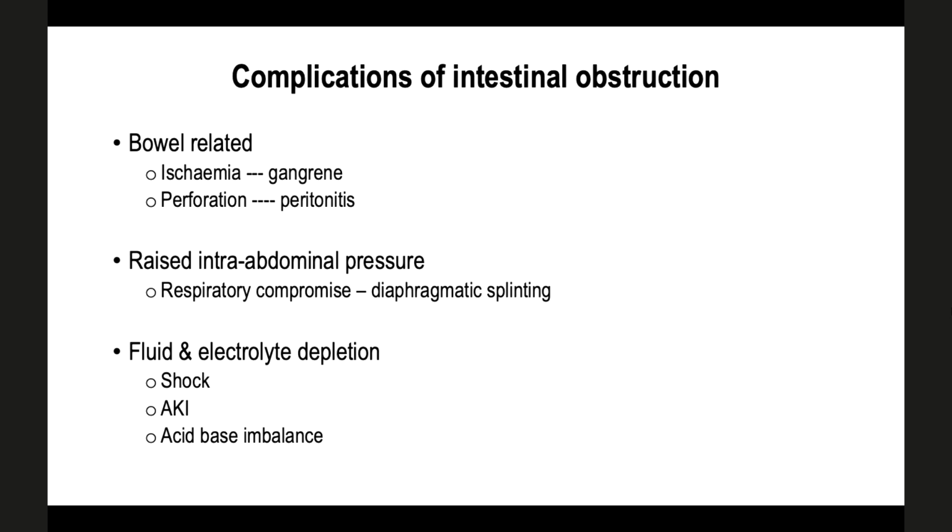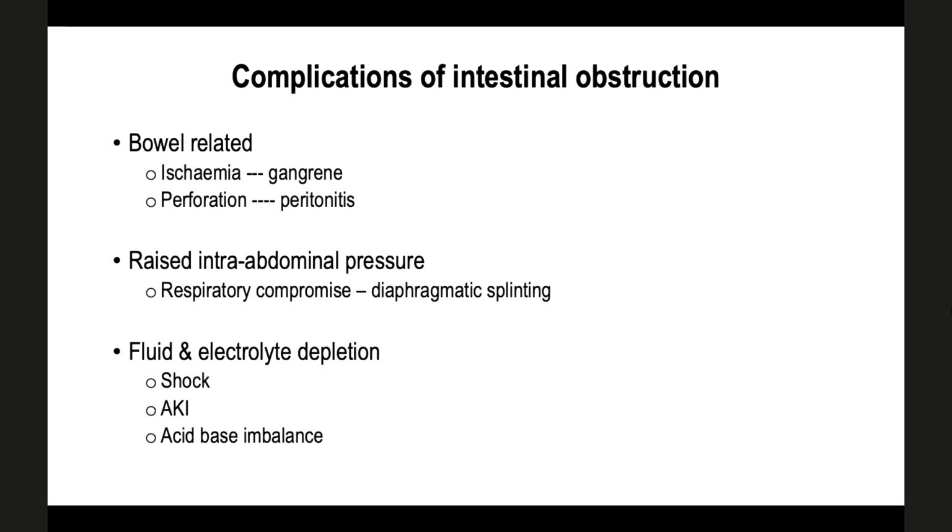The other important thing you need to be concerned about is if you have gross abdominal distension due to large bowel obstruction, for instance, that pressure in the abdominal cavity, the intra-abdominal pressure, can rise and keep the diaphragm splinted. It can prevent the diaphragm from contracting and moving down, and it can cause significant respiratory compromise in patients, especially in patients who are elderly, in patients who have previous respiratory problems.